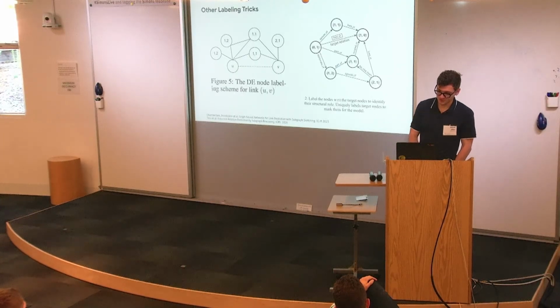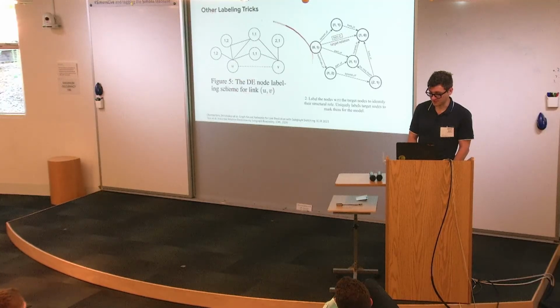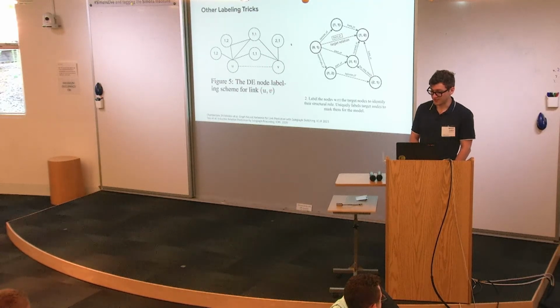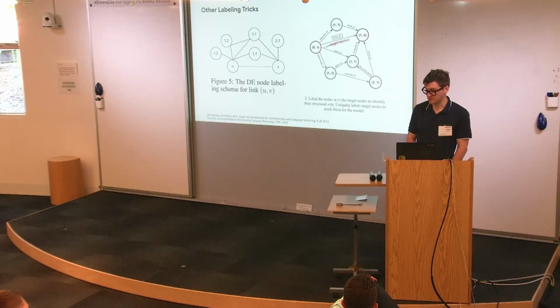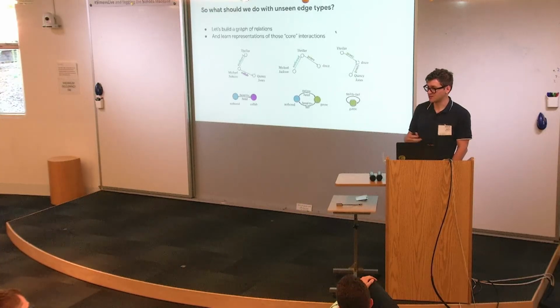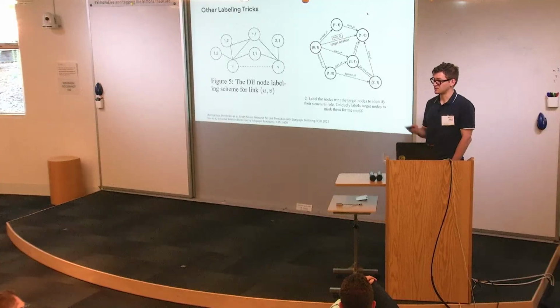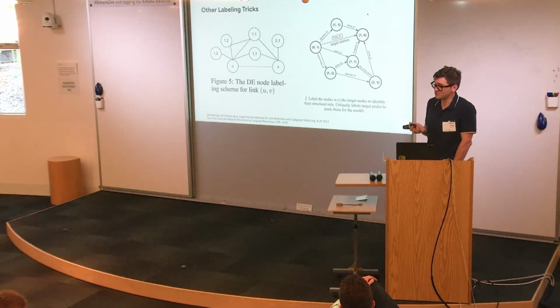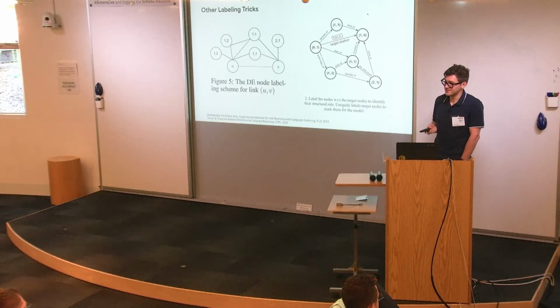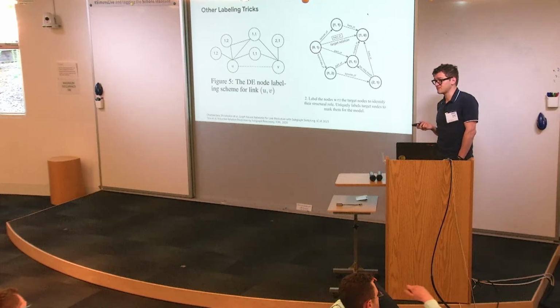A lot of the papers that worked on the labeling trick treat this link prediction problem between those two nodes as a graph classification. So you label the nodes, you run message passing, and then you pool the information from the nodes, and it's a binary classification, whether the link exists or not. So is it a viable formulation of link prediction? Yes. Is it always the most useful one? That is the question.